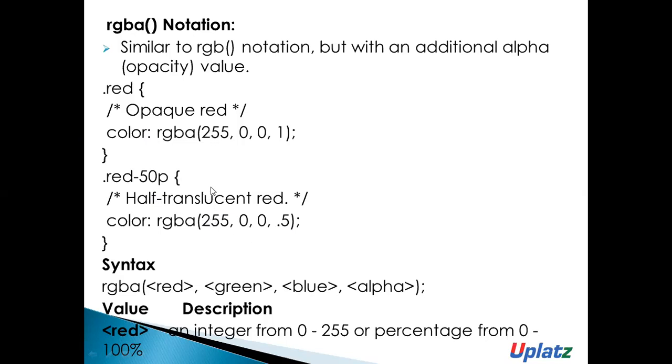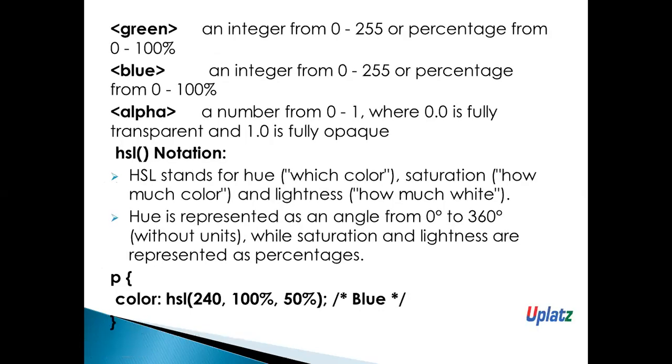So this is the same as RGB, but the opacity value is added here. For the syntax, red, green, blue, everything is the same as RGB, but with one addition, alpha, which is opacity, a number from 0 to 1, where 0.0 is fully transparent and 1.0 is fully opaque.